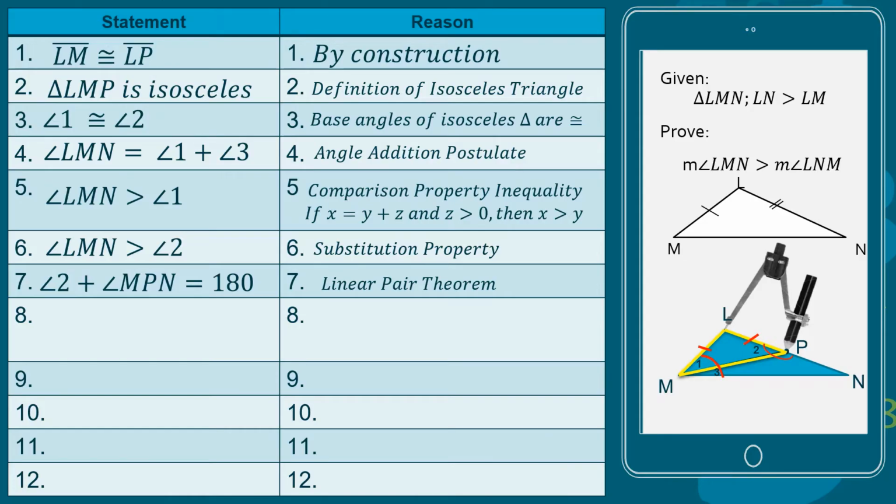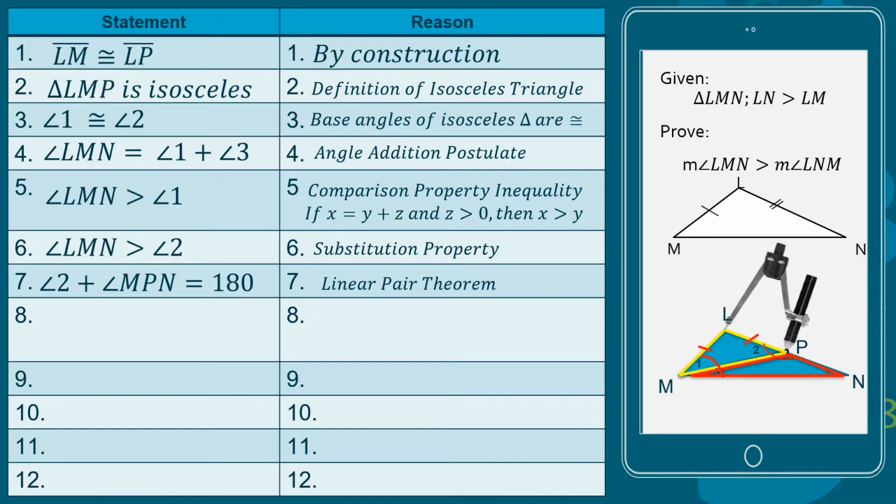Now, on statement number 8, what equation statement involves angle MPN, angle N, and angle 3? Okay, nasaan ba yung mga yon? This is angle MPN, this is angle N, and this is angle 3. And these are the interior angles of triangle MPN.